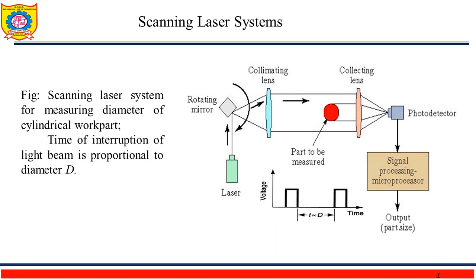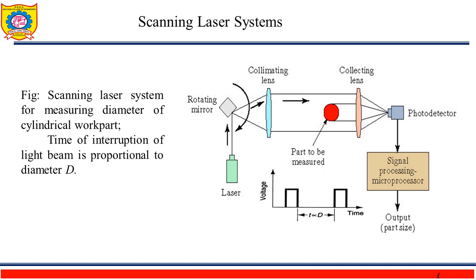Through collimating lens the light rays or laser rays are passing and they become parallel to each other, and they are incident there on the part to be measured. Also, the part to be measured here is a cylindrical part with certain diameter d. Now these light rays are obstructed by this part, and remaining light rays means lesser beam, it is incident there on collecting lens.